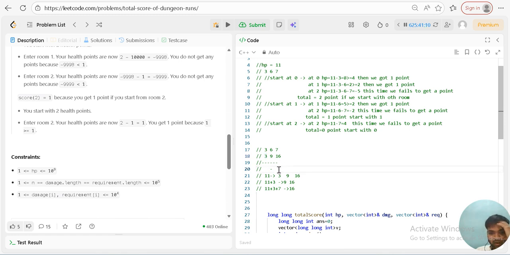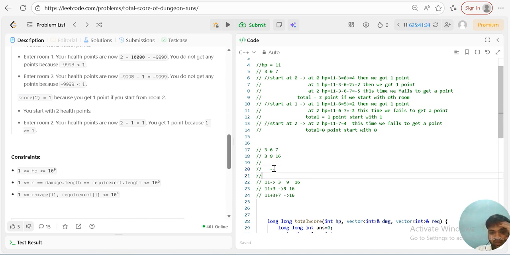We can add all the previous reductions. So at this moment, the previous reduction is 3, so we add 3 here, and this will be 14. So for starting with this point, we have 14 as the health point. So we started a new thread. Whenever I reach the third point, one more thread is started.